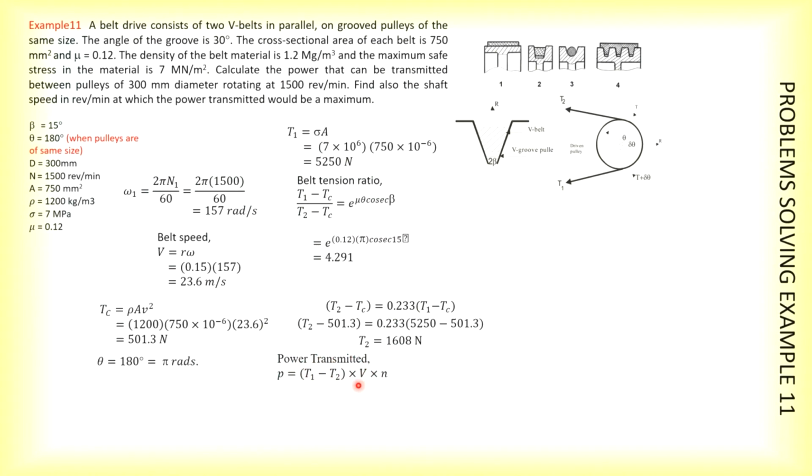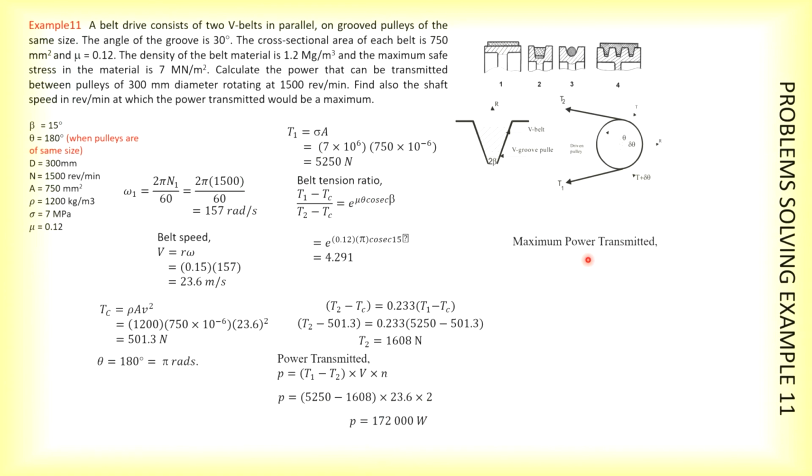You substitute your T1 and T2, the velocity of the belt, and the number of belts, which in this case is 2 V belts. So the power would be 172,000 watts or 172 kilowatts.